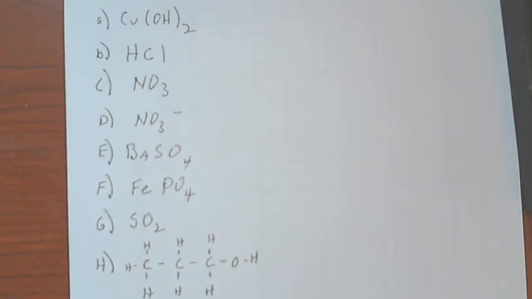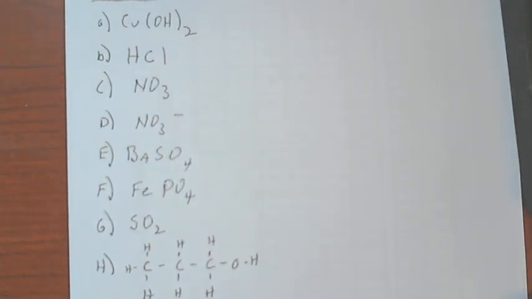All right, so if you want to practice, here's some practice. First one, Cu(OH)2. I'll give you 5 seconds to write it down. Cu(OH)2 is copper(II) hydroxide. Next one, HCl is hydrochloric acid.